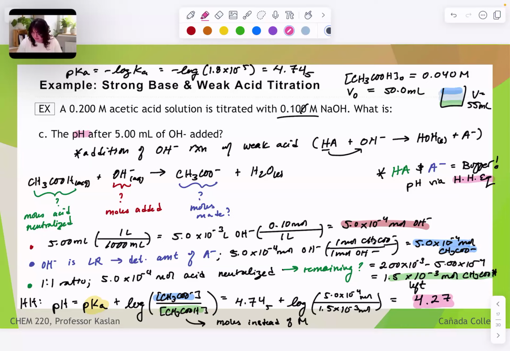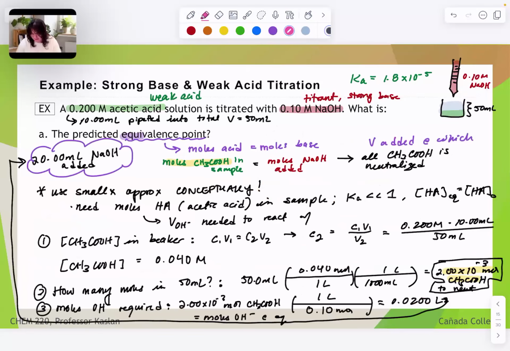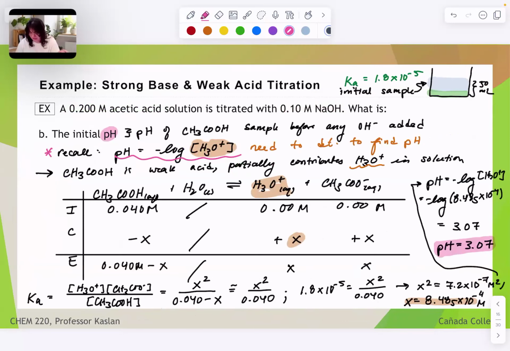Okay, so we've considered a few points in our titration analysis. We've looked at, before we even begin the titration, what we think we need to add to neutralize all this acid. Then before we begin the titration, how much of the actual H3O plus hydronium ion is present. That gives us an initial pH of our prepared sample of acid.